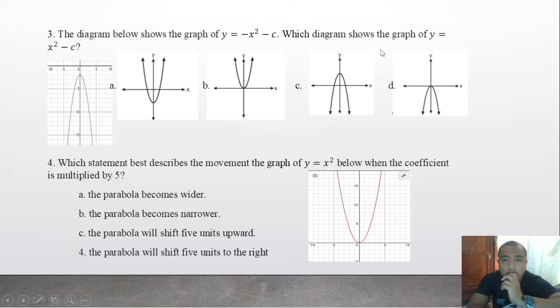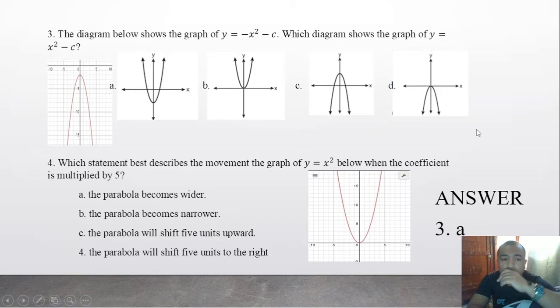Ngayon, which diagram shows the graph of y equals x squared minus c? So, pag positive, upward. So, C and D cannot be the answer, only A and B. So, since mayroon siyang shift dito sa K, which is minus, nag-downward siya ng C units downward, I think A is the answer. A, correct. Did you get the same answer also?